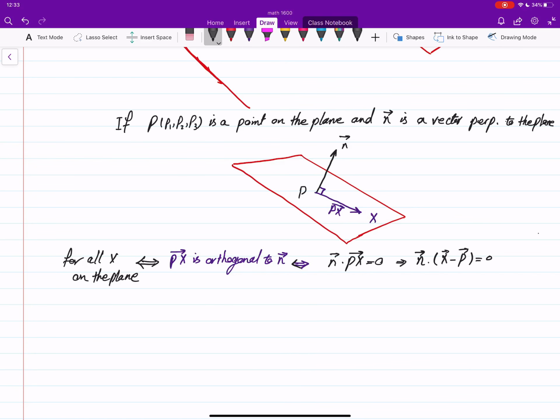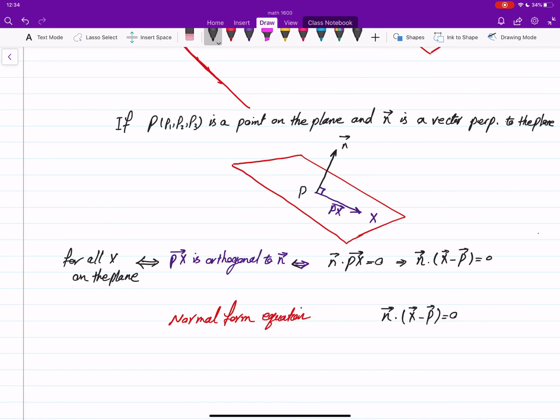That is the equation we actually had before, and we called it the normal form of the equation for the plane, which you write as n dot (x minus p) equals 0, or your book says you can write it as n dot x equals n dot p.